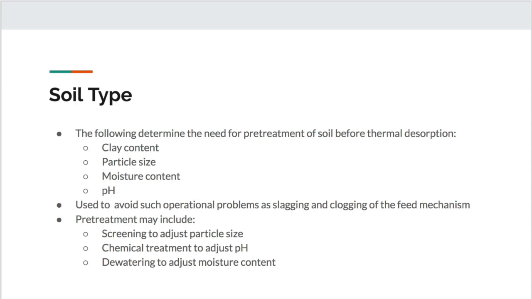And something to lower this cost and time that you're spending on it would be pre-treatment. And for things like this, pre-treatment may include screening to adjust particle size, chemical treatment to adjust pH, and dewatering to adjust the moisture content in the soil.